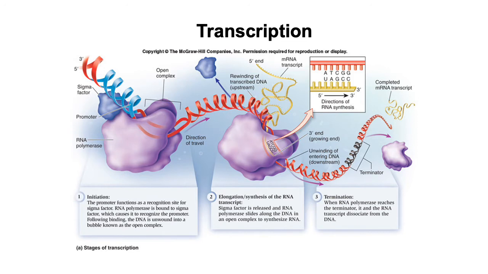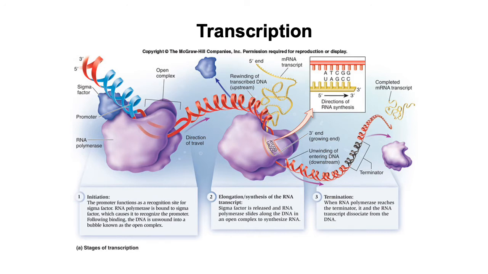So as you're transcribing messenger RNA, the template DNA strand, that's what we call the strand that's being copied into messenger RNA, synthesizes the RNA based on A pairing with U. So wherever an A is found in the DNA, a U is put in for the RNA, and then we also have G's and C's pairing between DNA and RNA.